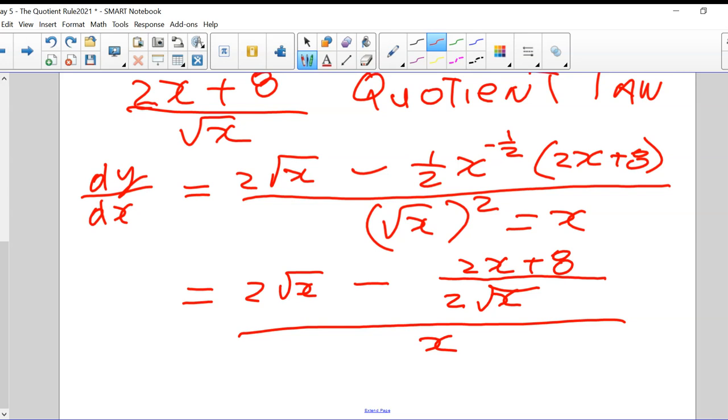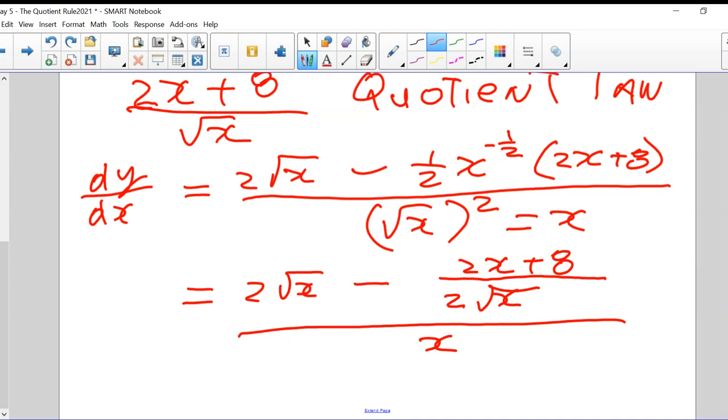Okay, Taj, that's the first part. This can be written as a denominator because it's x to the minus a half. So instead of saying x to the minus half, I'm going to put 2 over essentially x to a half, which is the same thing as the square root of x. But I'm going to leave the 2x plus 8 on top. 2x plus 8 was already a numerator, so let's leave it as a numerator.